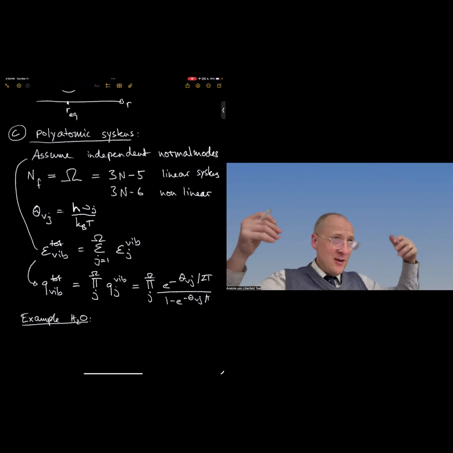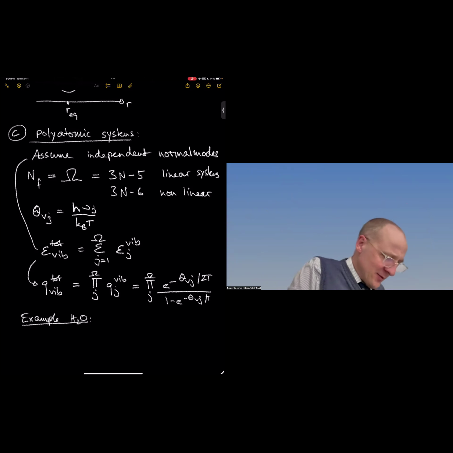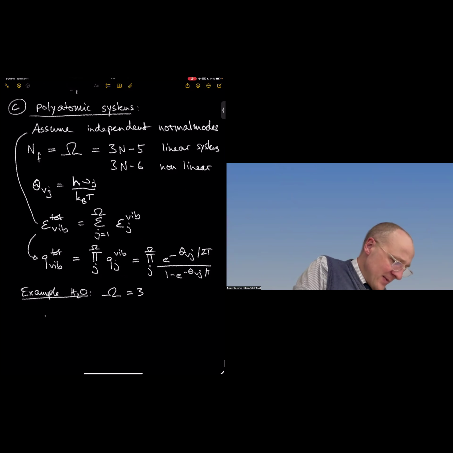And in each one, you have a different curvature, right? So I have omega equals 3, right? And if my oxygen is here, my hydrogens are here.